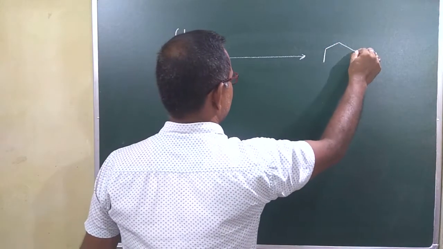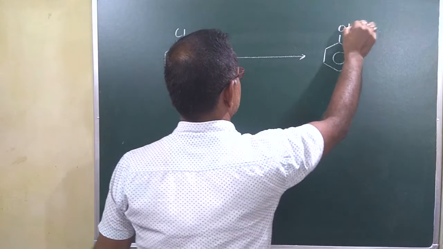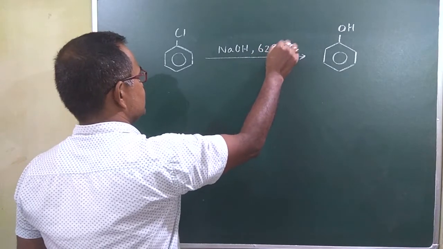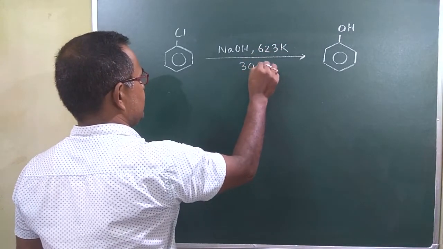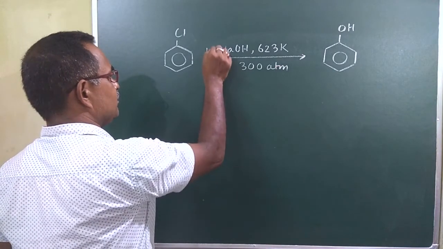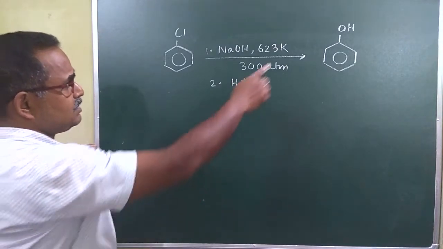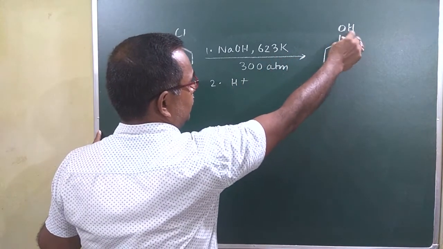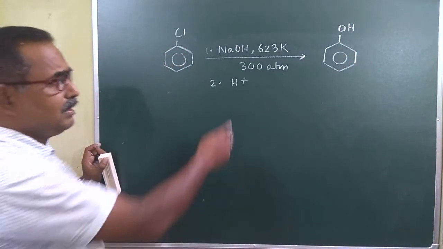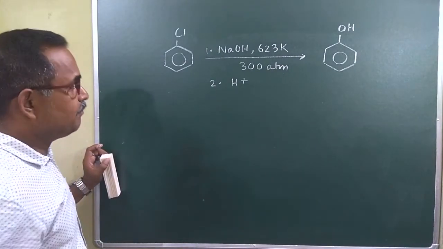If Cl minus is to be replaced with OH minus, what is the condition needed? Sodium hydroxide, 623 Kelvin, 300 atm, followed by acidification. Because initially sodium phenoxide will be formed, and that sodium phenoxide will give you phenol upon acidification.